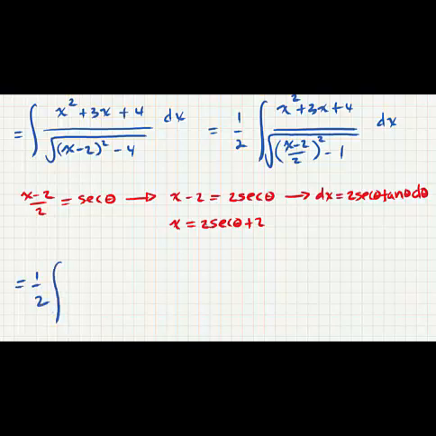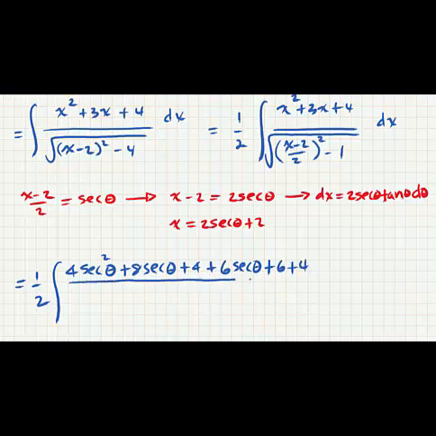So in the numerator, we have x squared. We've got to FOIL that, so that's going to be 4 secant squared of theta plus 8 secant of theta plus 4, plus 3x. So 3 times this, that's 6 secant of theta plus 6, plus 4.